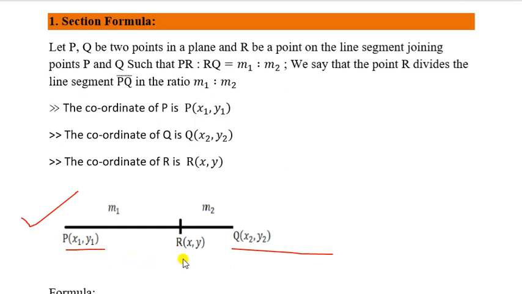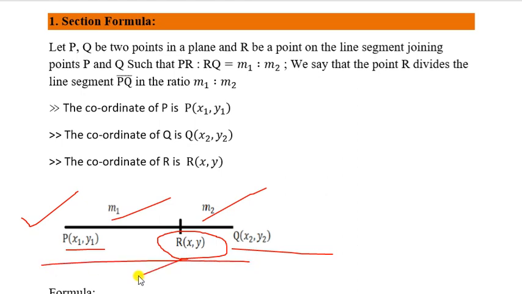And see, one more point you can see here, that is R. This R divides this line segment PQ in the ratio of M1 is to M2. Try to understand with a particular example. Suppose the total length of this line segment is 7.